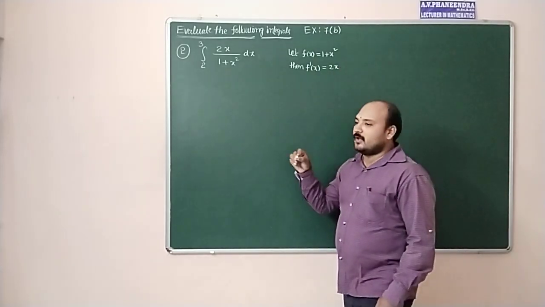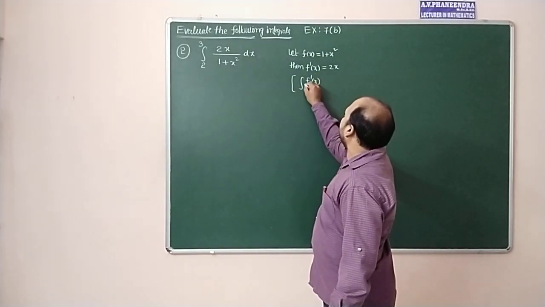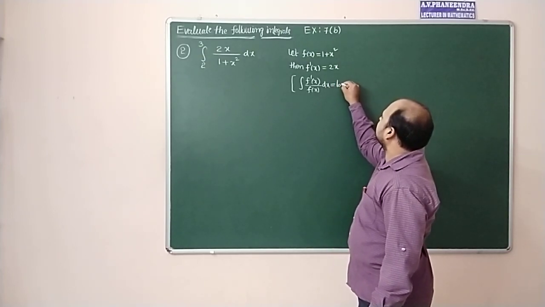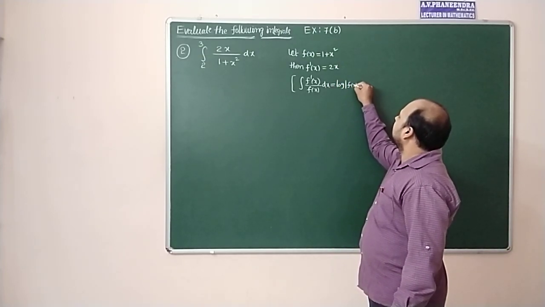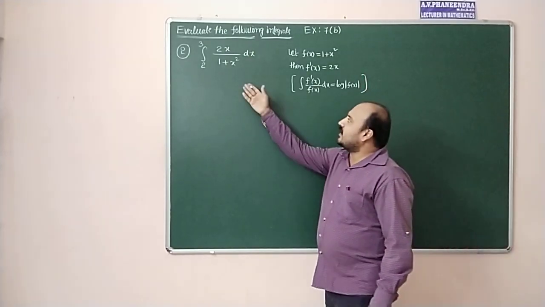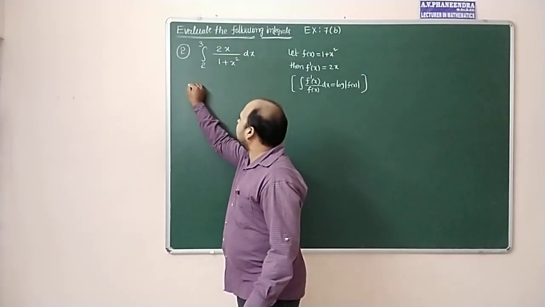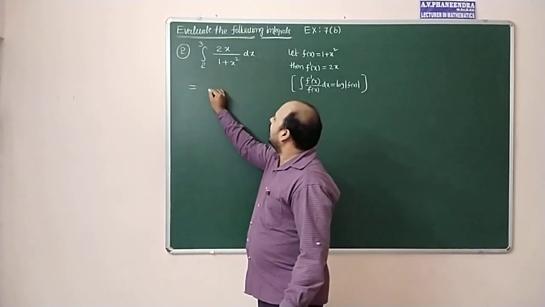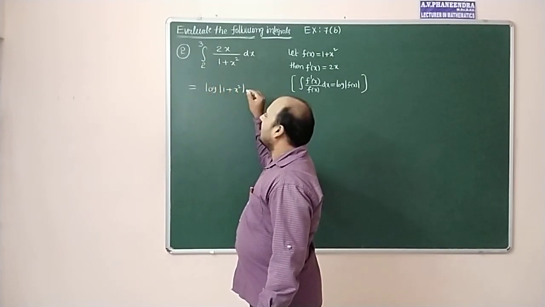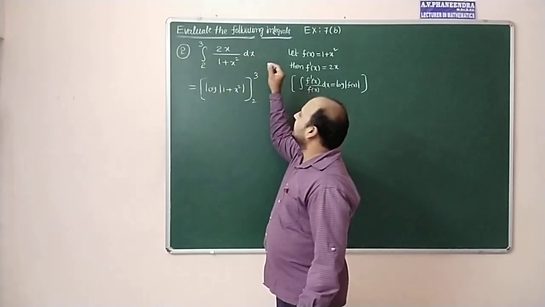We know the formula in indefinite integration, integral f dash of x divided by f of x dx is equal to log mod f of x. So based on that, the derivative of 1 plus x square is there in the numerator now. So we can write this integral directly as log mod 1 plus x square. After integration, you have to apply the limits 2 to 3.